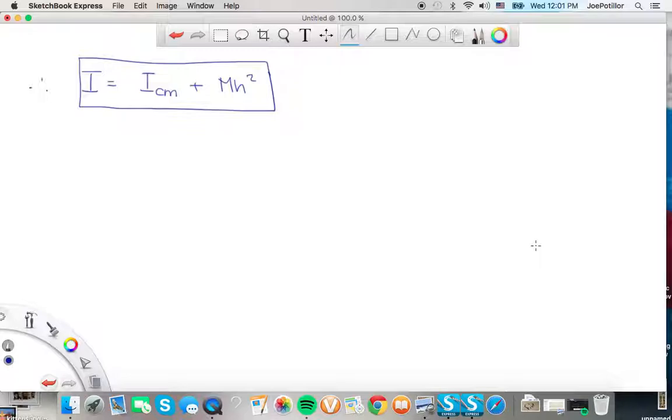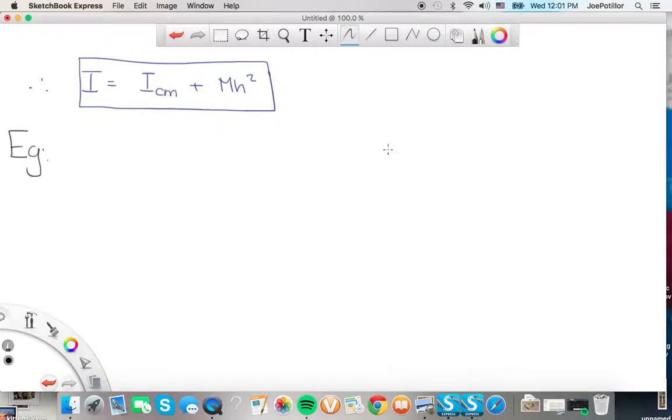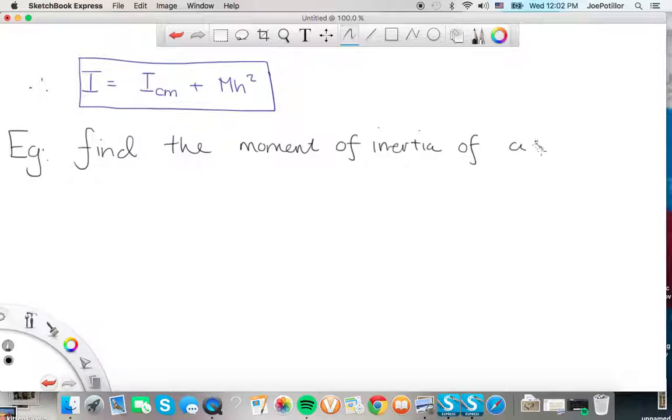All right, when would you use this? For example, let's say I want to find the moment of inertia of a sphere about the tangent line.